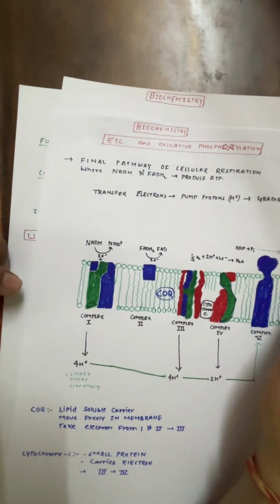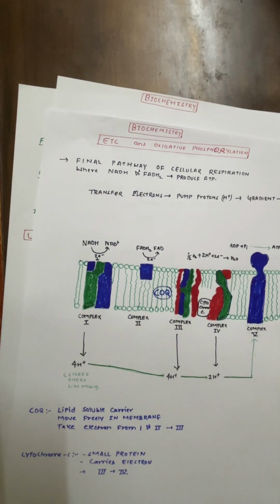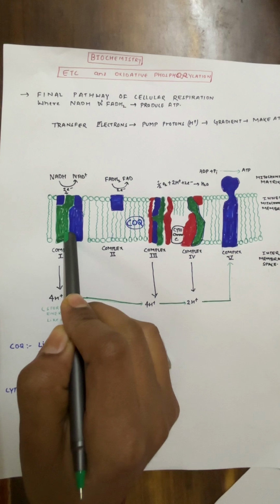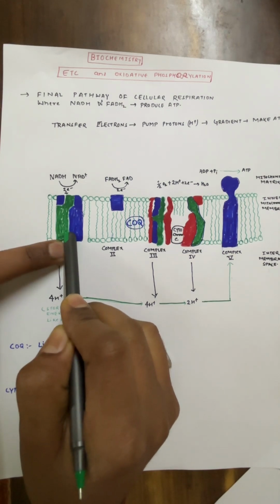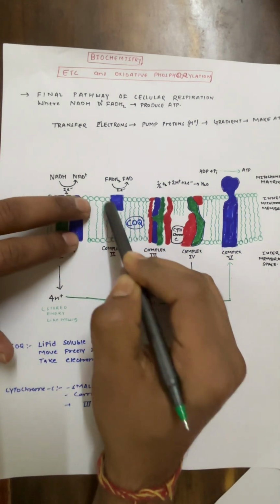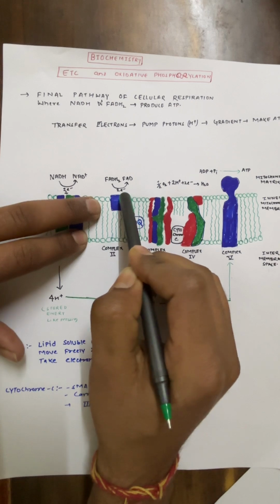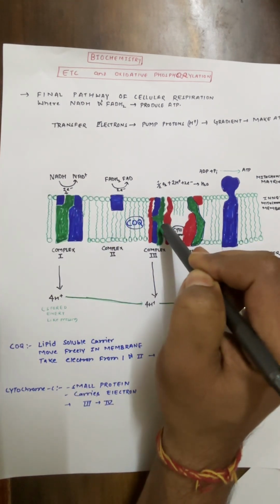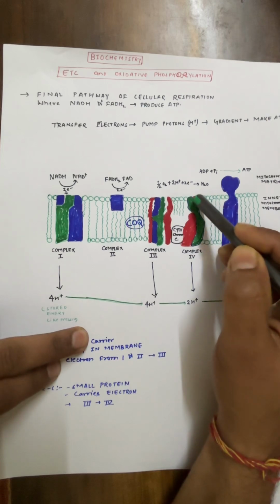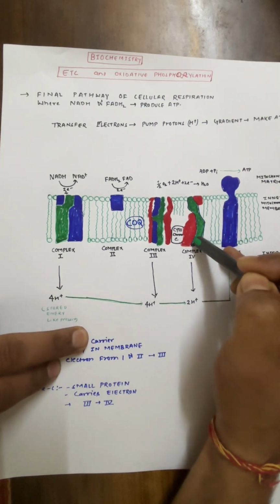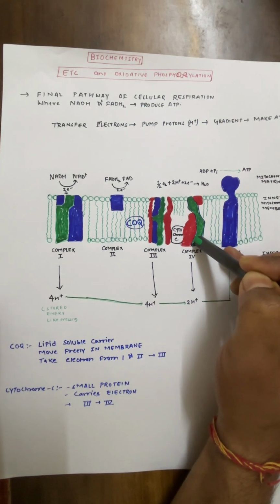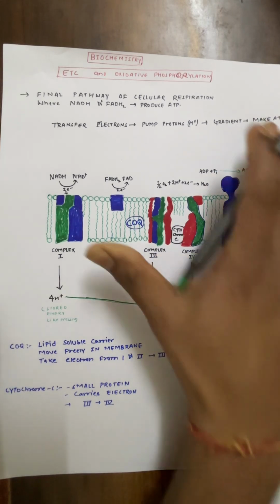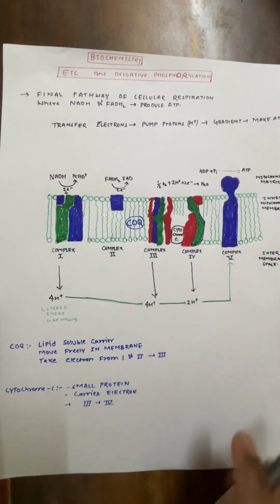For complex 1, the main inhibitors are rotenone and amytal. For complex 2, malonate and carboxin. For complex 3, antimycin. For complex 4, cyanide, carbon monoxide and azide, and for complex 5, the inhibitor is oligomycin. So this is all about ETC and oxidative phosphorylation.